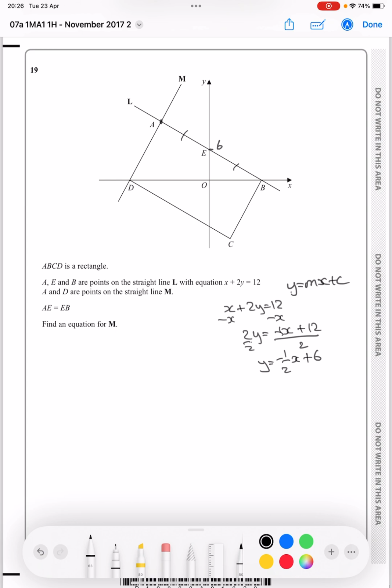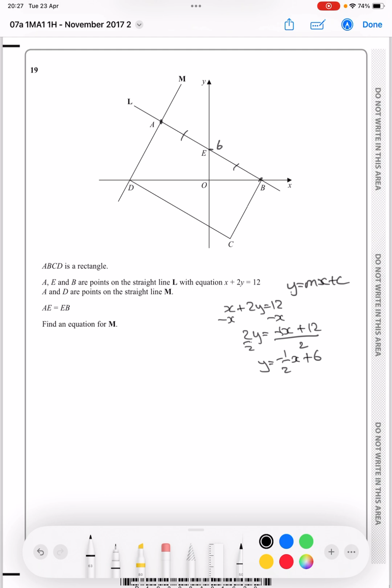The other thing here is I want to find where A is, and if I can find the coordinates of B here, then that will tell me how far away A is from E, because A to E is the same as E to B. So when I look at B, I can see that the value of y is 0.